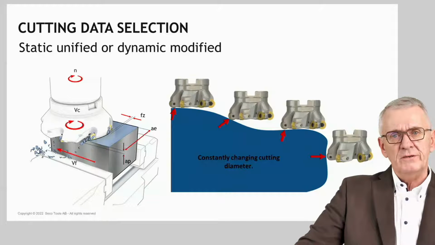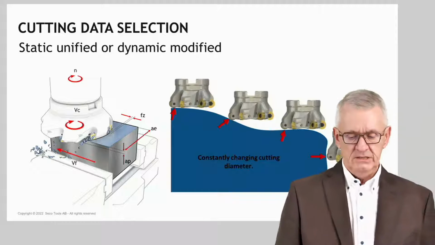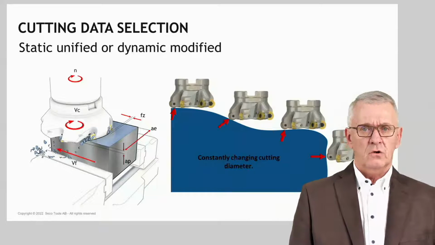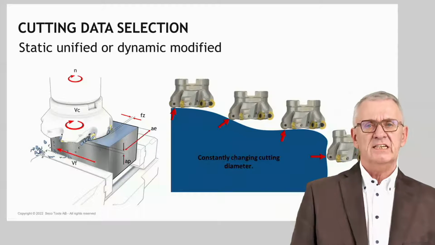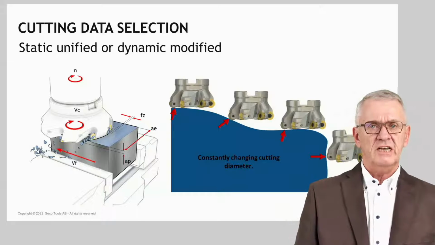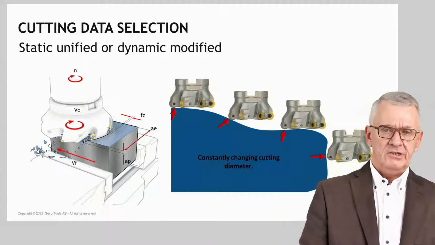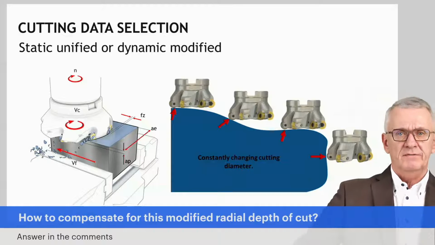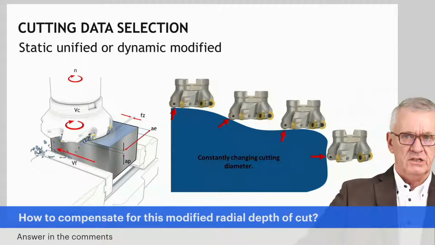Well, dynamic modified cutting conditions means that either the CAM system or the machine controller or both recognize that every second the reality for the milling cutter is changing and modifies cutting conditions accordingly. That is dynamic modified cutting condition selection.